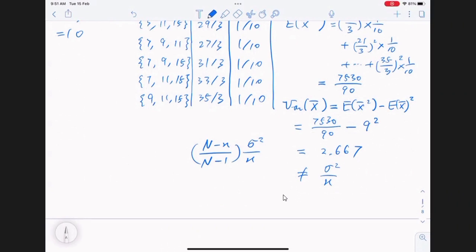You can try to verify this by finding the variance of the population and substituting into this, and you will find this number. But I guess all of this will be taught in more detail in the lecture.